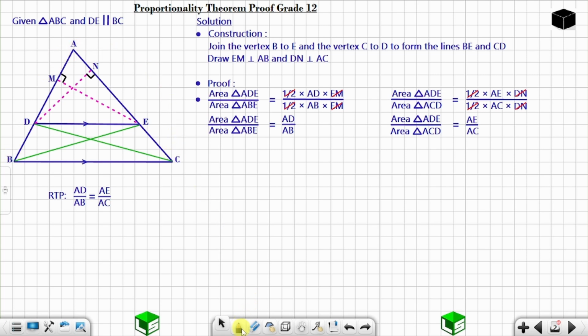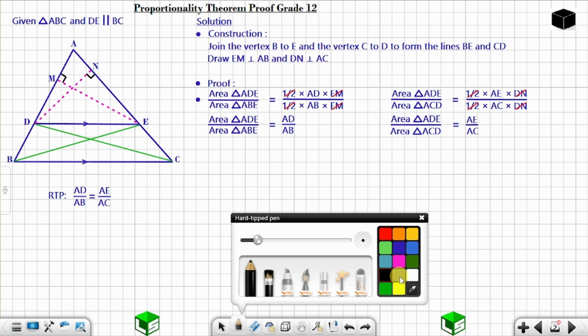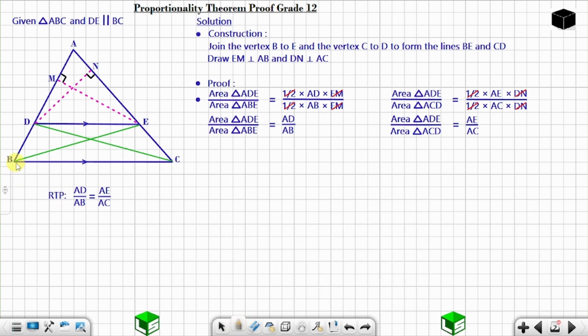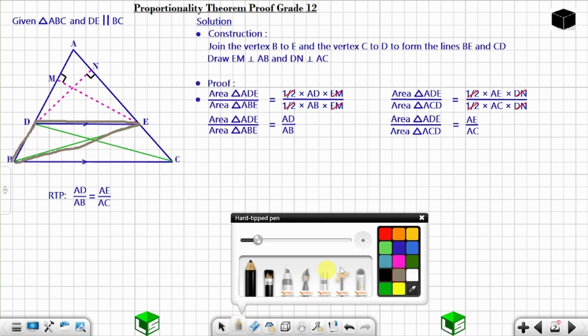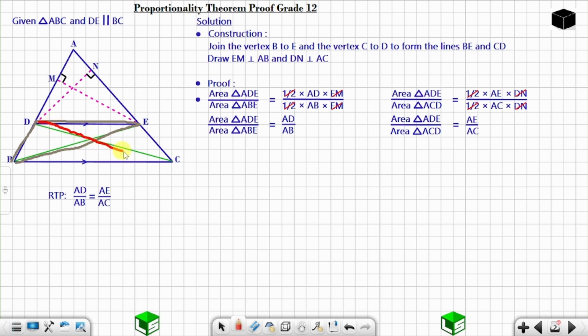Now you are going to use this triangle and this triangle, the two triangles at the bottom.